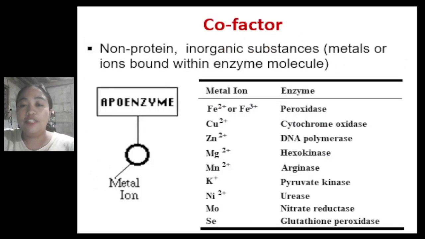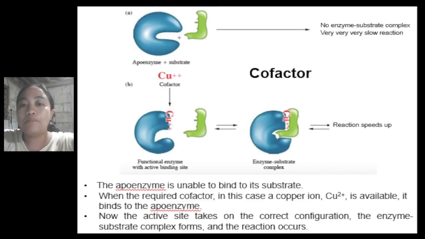So again, what is a cofactor? These are the inorganic substances. When we say inorganic, these are the examples: the metals or the ions. So these are some of the examples of cofactors. Again, cofactors are the inorganic substances, and they attach to the active site.